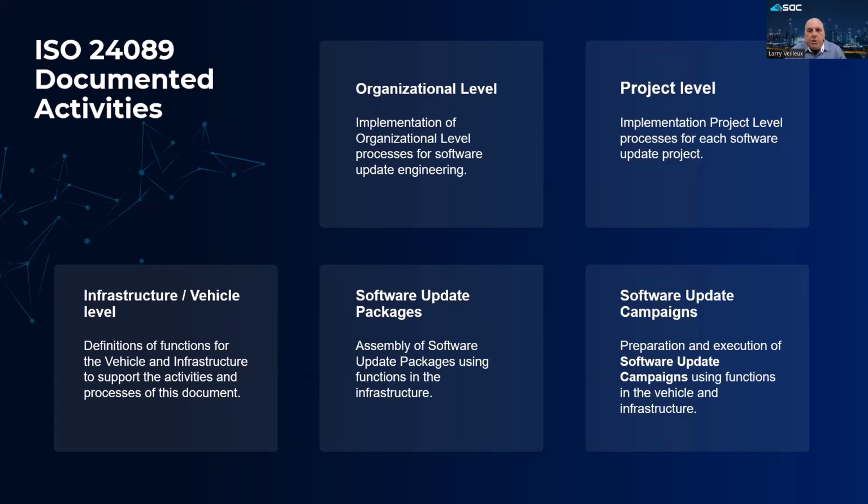I've combined these two here, but they are addressed in separate clauses. Assembly of software update packages using functions in the infrastructure. Finally, preparation and execution of software update campaigns using functions in the vehicle and infrastructure.